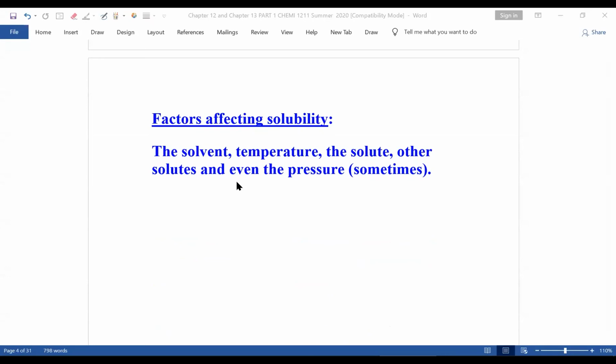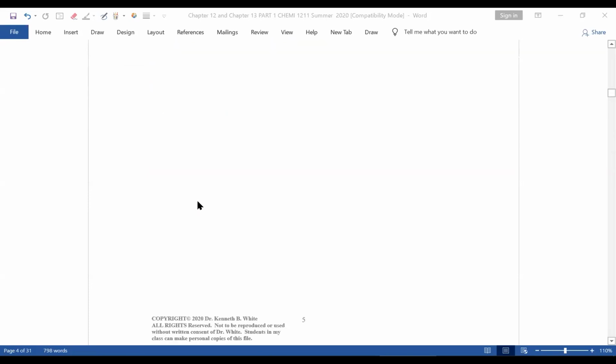What you are trying to dissolve it in will affect it. The temperature: cooking trick, when you want to get sugar to dissolve faster in water, you heat it up a little. The solute, what you're trying to dissolve: are there other solutes? And even the pressure is sometimes a factor.